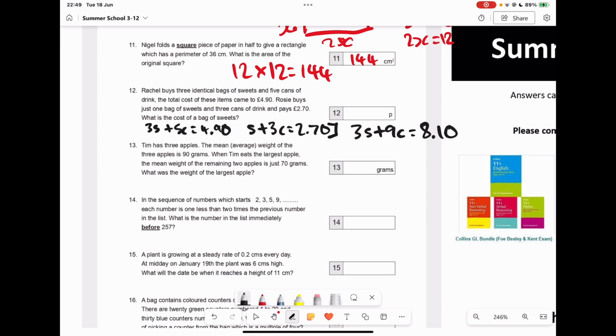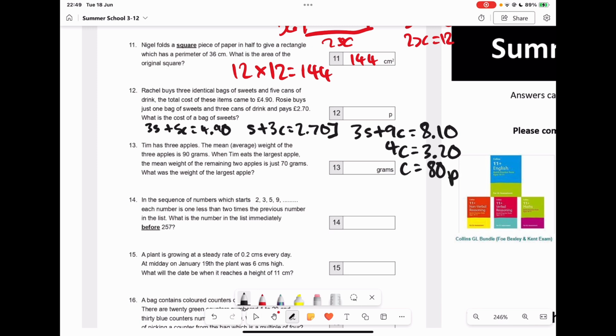So all we have to do here is find what 4 cans is, which is the difference, which will then be £8.10 minus the 4.90, which is £3.20. And then we can find the price of 1 can, which will be £3.20 divided by 4, which is 80p.